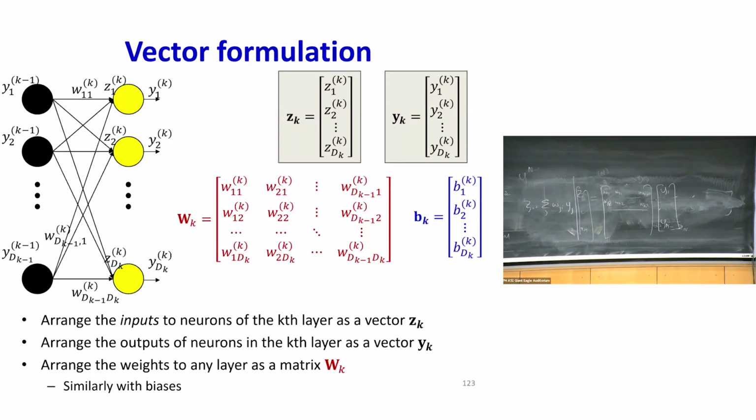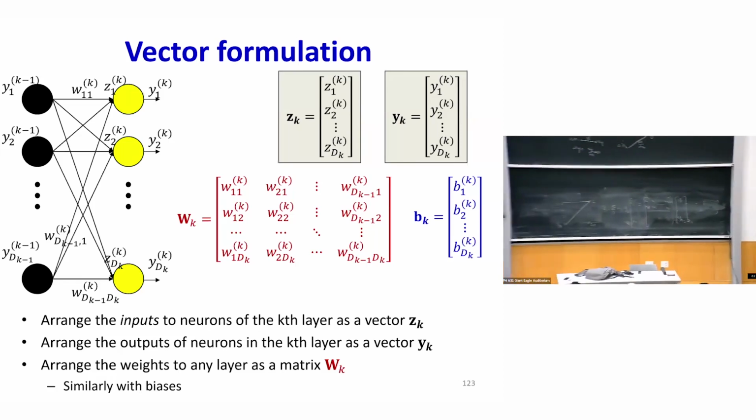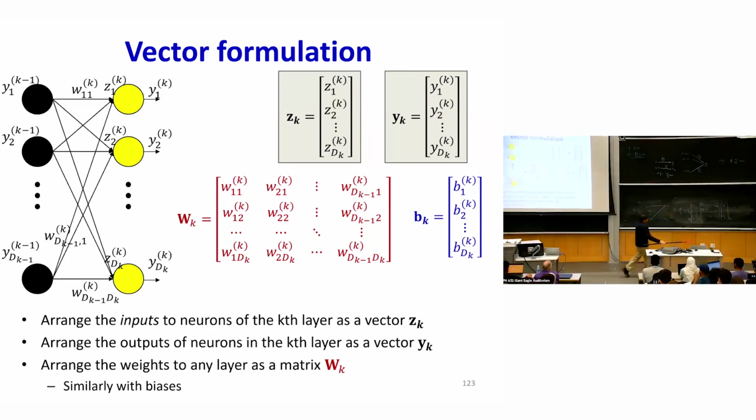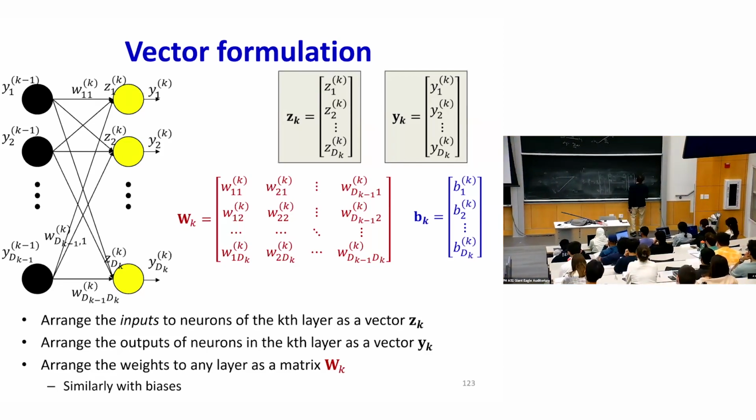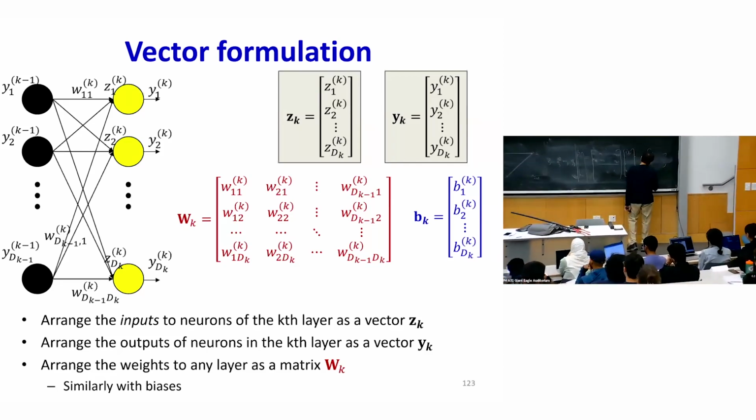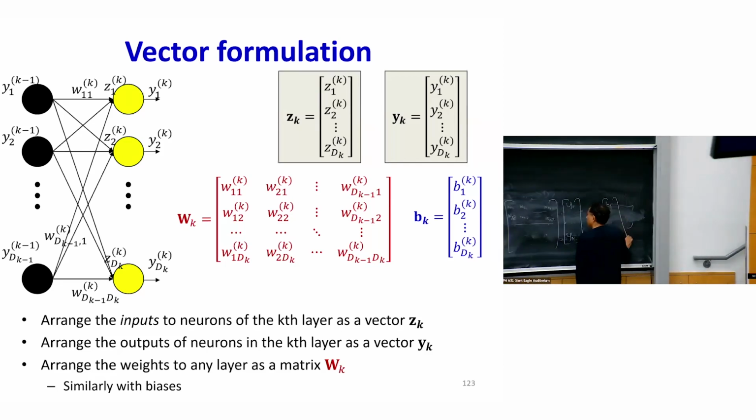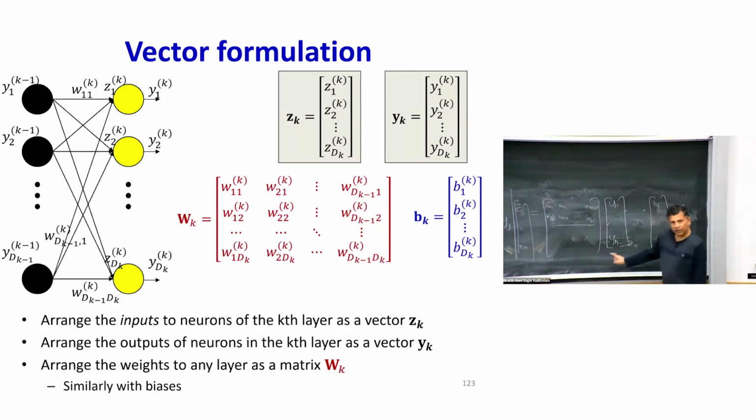Does that make sense to everybody? I see some questions on faces. Does that make sense? So also I can write the biases for all of the neurons as a vector in this manner. So once I write it this way, I can just say plus b1 through bm, right? Does this make sense?